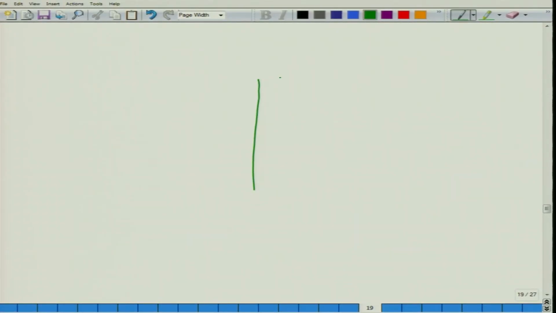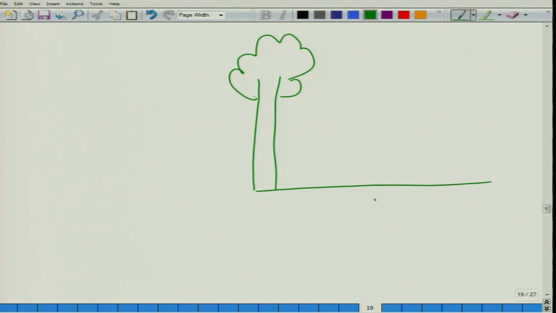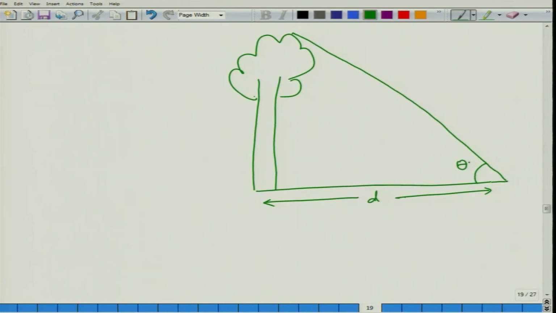So, suppose you have this tree whose height you wish to measure. Suppose you go at a distance of d from the base of the tree and you take this angle that is subtended by the top of the tree to the ground. This angle would become theta. So, d can very easily be measured with a tape. Height is something that we wish to measure.